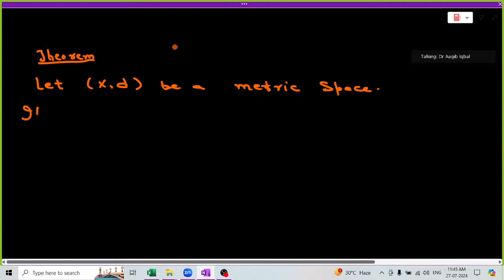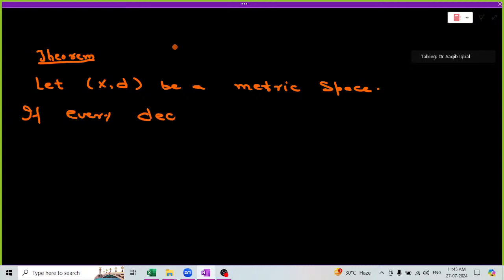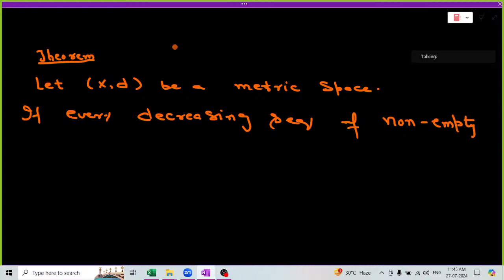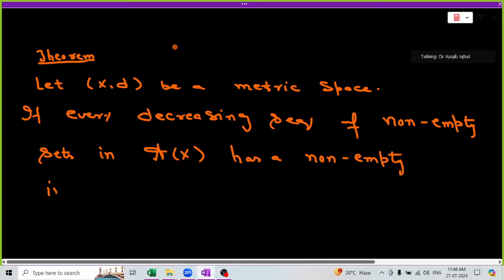If every decreasing sequence of non-empty sets in script A(X), where script A(X) is the collection of all possible bounded admissible subsets of X, has a non-empty intersection, अगर ऐसा है, then it turns out the space (X,d) is a complete space.